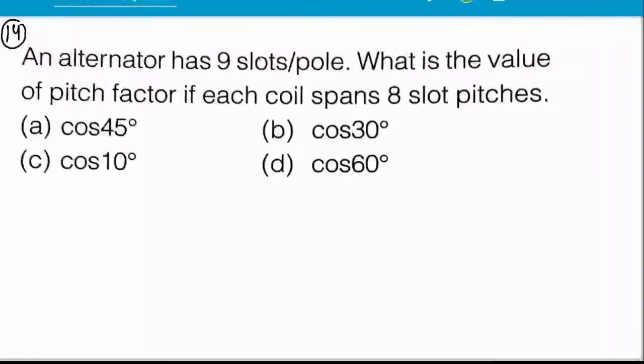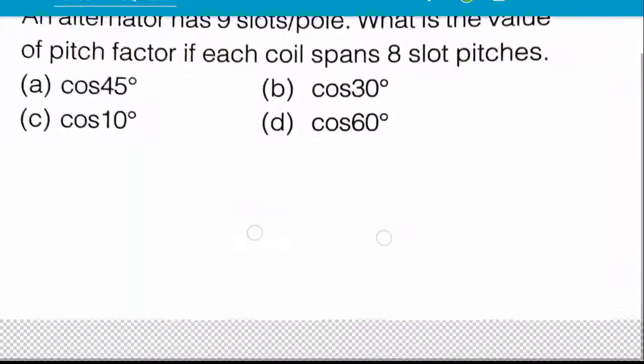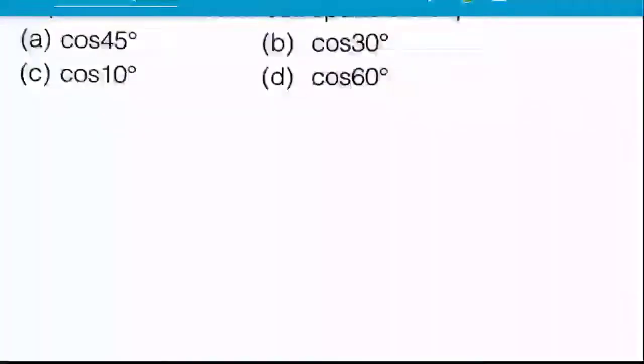Next, an alternator has 9 slots per pole. What is the value of the pitch factor if each coil spans 8 slot pitches? So each coil spans 8 slot pitches.